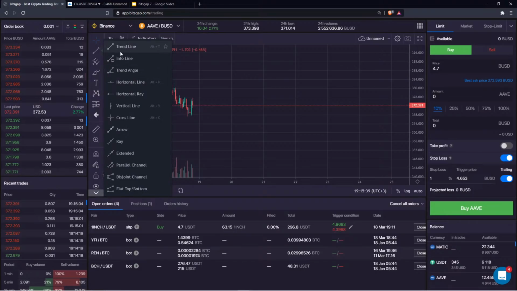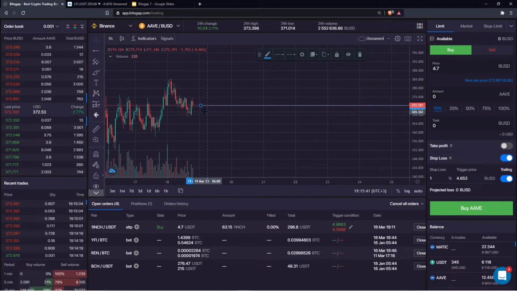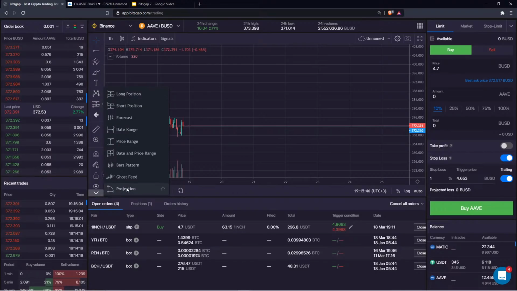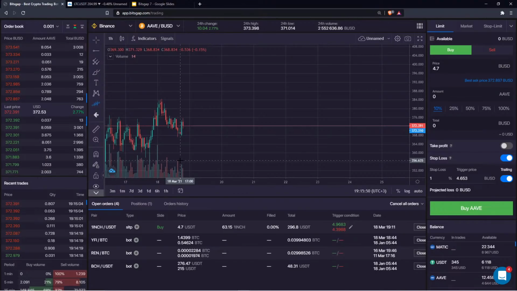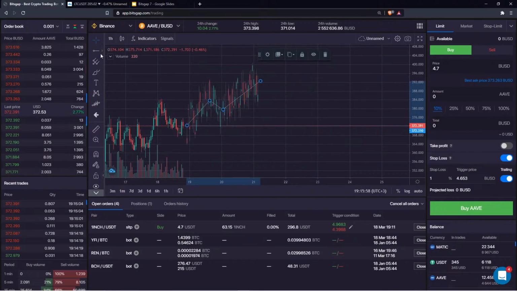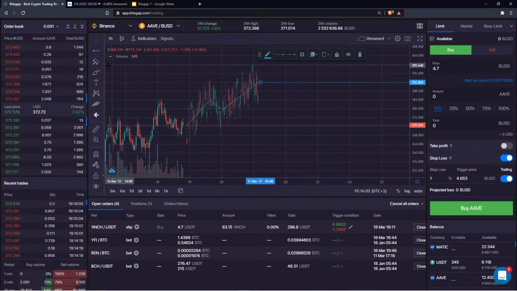So imagine you entered the market over here, and then it started to go up. Let's assume the price goes higher like this. So now your open position is in this area, right?